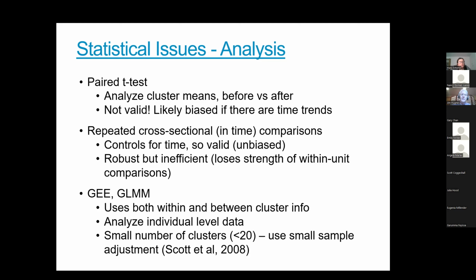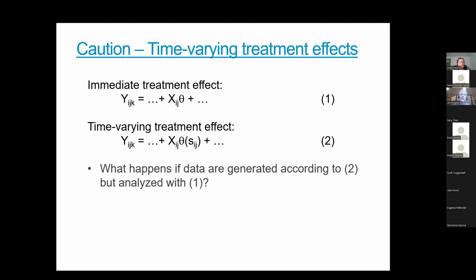Now, all of these methods are still relying on this idea of an immediate treatment effect, that once you introduce the treatment, you get the full effect immediately. And I want to mention this recent research that has pointed out that that's a much more dangerous assumption than I think anybody in the field had realized.